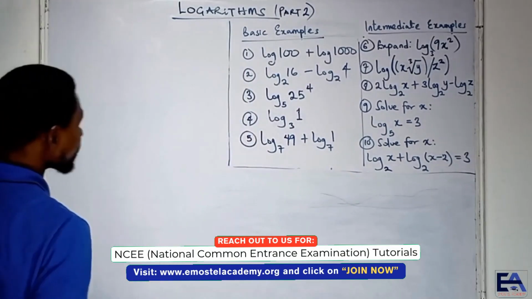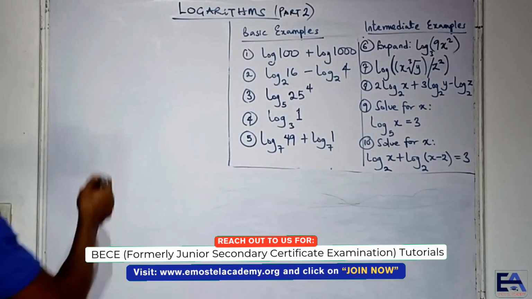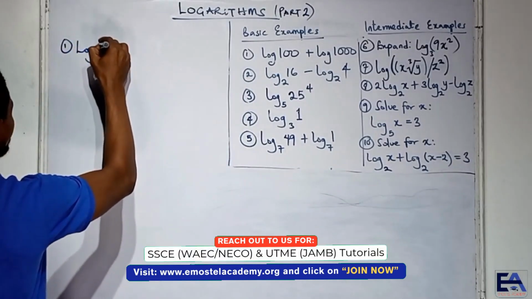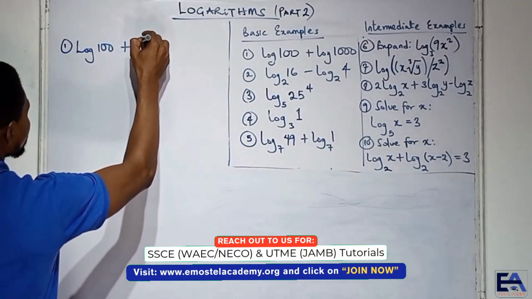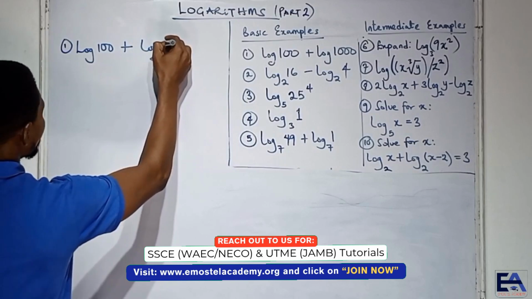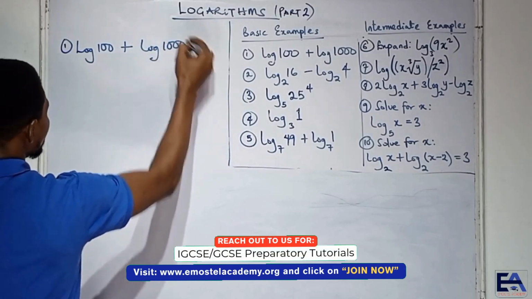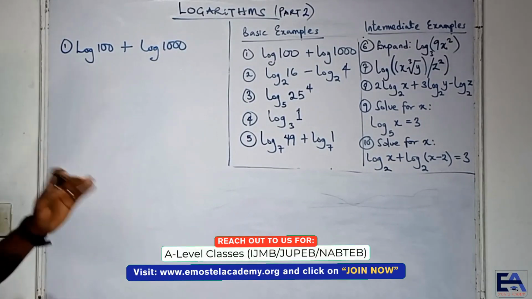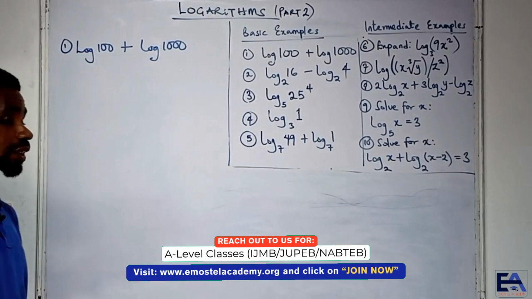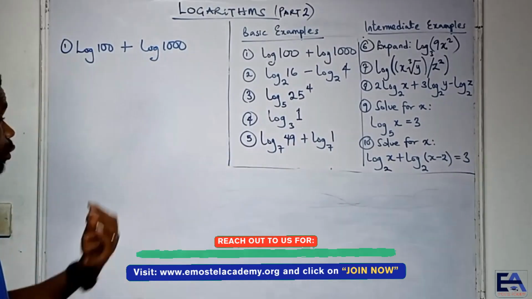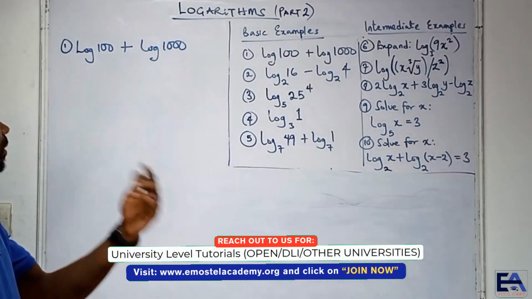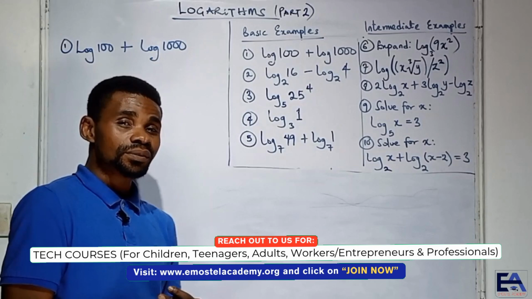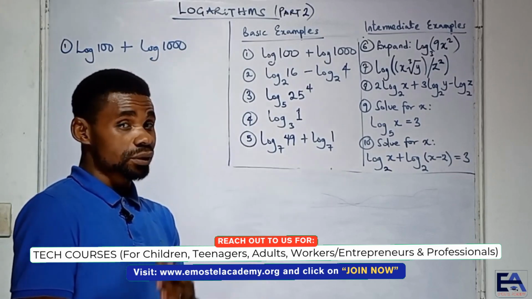The first question here is log 100 plus log 1000. In this question, I do not want you to make the mistake of thinking you could not reverse the product law of logarithm.